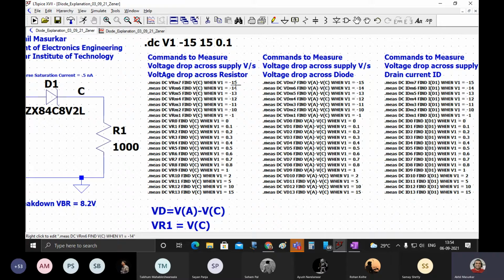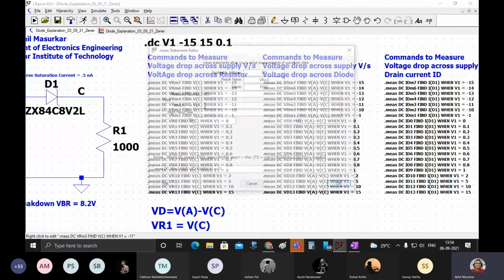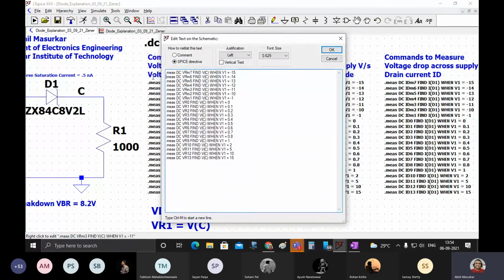Now, here we are going from V1 minus 15 to plus 15. But if we add one more line here and write V1 equal to minus 16, it will give an error. Why? Because your dot DC command here has a range of minus 15 to plus 15. So what is the meaning of this? If I copy this and paste it here, and write here VRM8, I write 16 here.